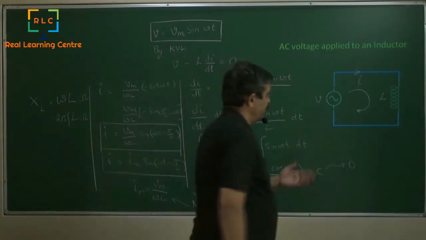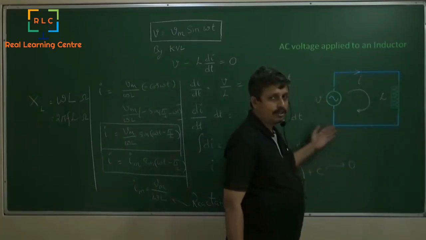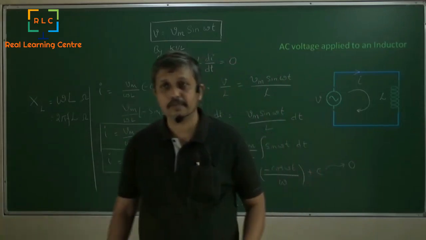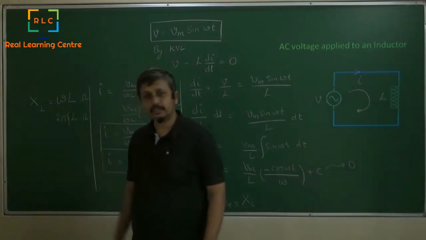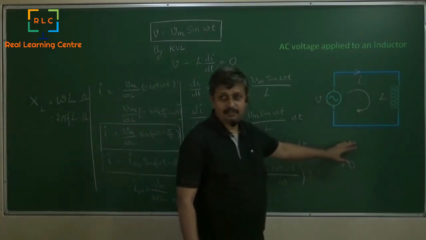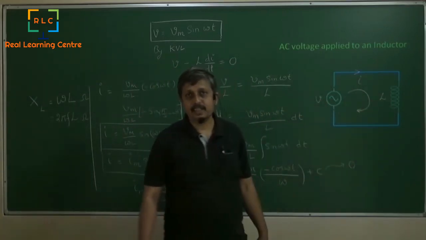If there is a constant current flowing through this, then this whole thing behaves like a zero resistance, because omega is zero, f is zero. That means very high current will flow if it is a DC.